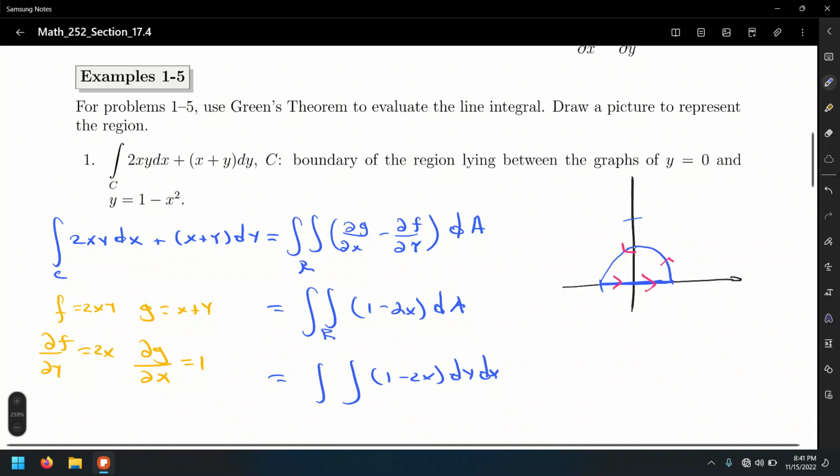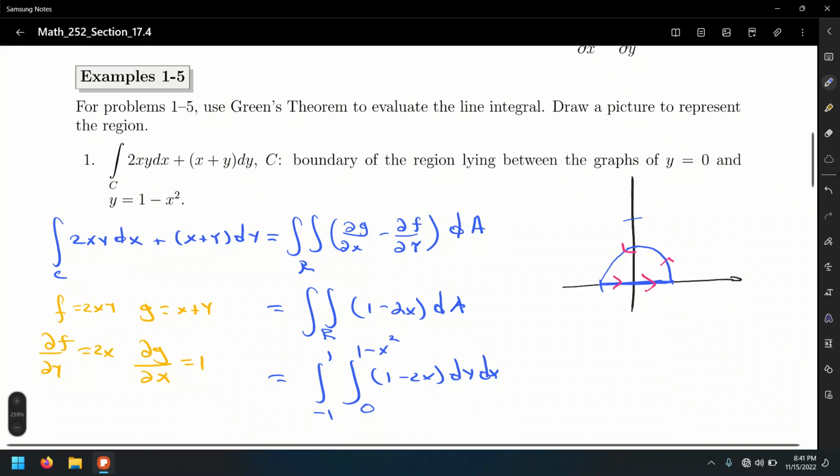Okay, so the limits in the y direction are the upper function, which is 1 minus x squared, and the lower function, which is 0, and the limits in the x direction go from -1 to 1, because those are the points of intersection, right? On the picture, or you can find them algebraically, but I think the picture is pretty clear, and I would accept this.